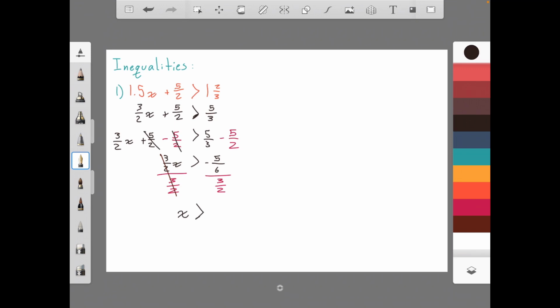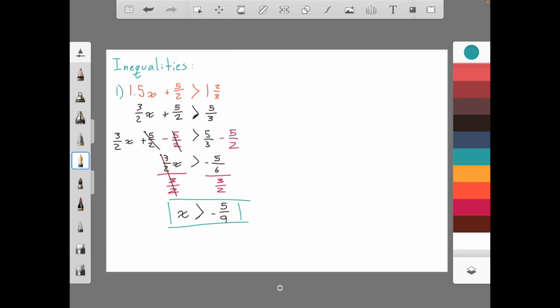Negative 5/6 divided by 3 halves is going to be negative 5/9. Of course, I didn't go a lot through the process because I have a video covering the process in which we solve linear equations, so you don't have to worry about it.